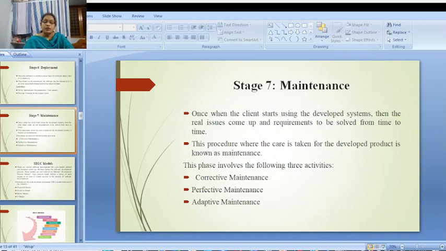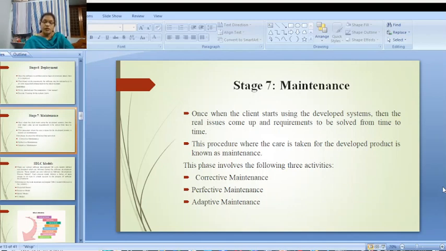Next, perfective maintenance improves the implementation of the system and enhances the functionalities of the system according to the customer's requirement. Adaptive maintenance is moving the software to a new environment.